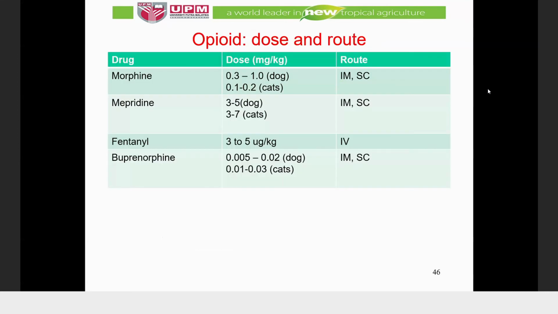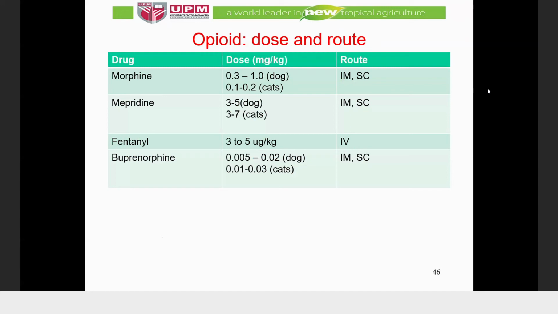So these are some of the doses of the opioids. You can also find different dosages depending on the condition and animals. You can reduce the dose according to the animal's condition. And when you use other drugs, for example morphine and propofol together, or morphine and other drugs which also depress the CNS, then of course you have to consider the other factors, right?